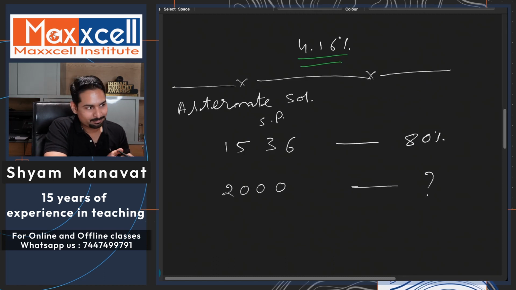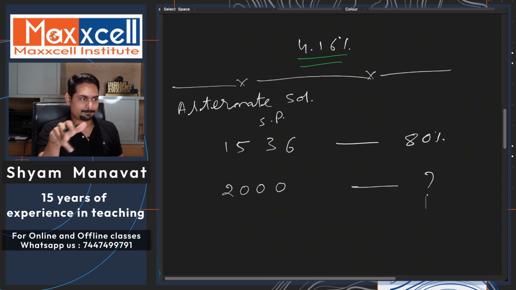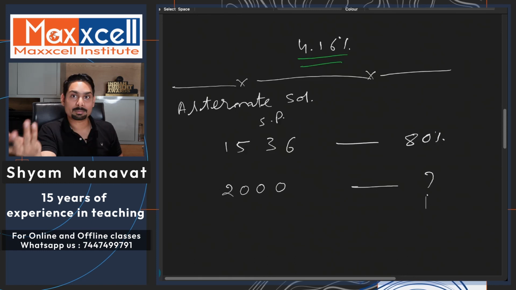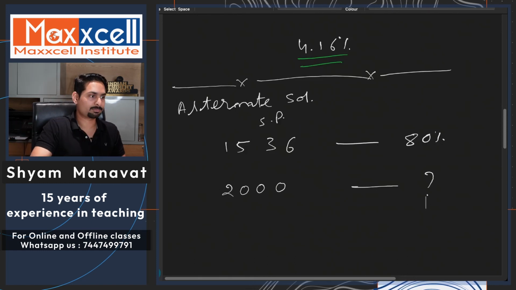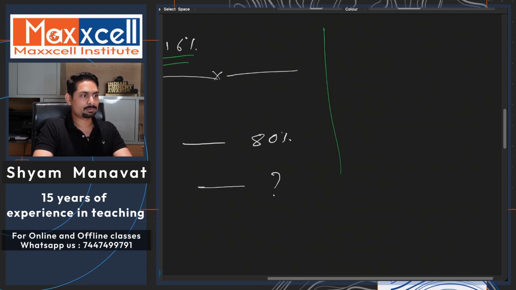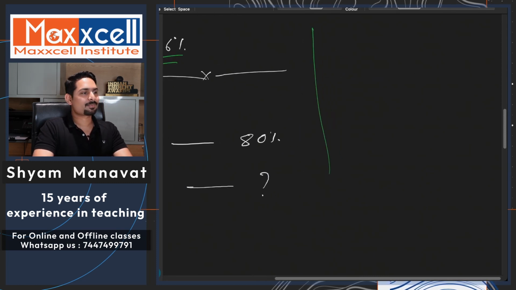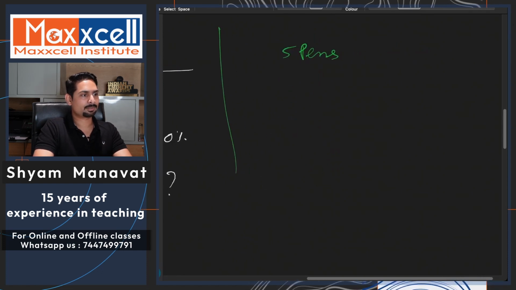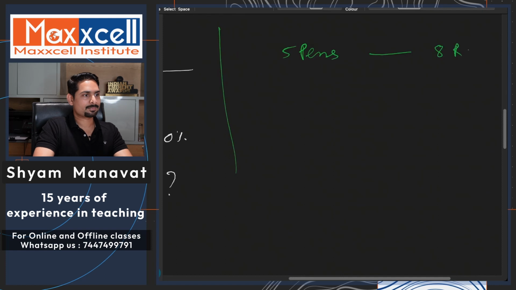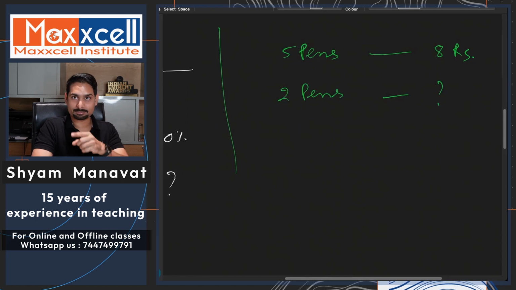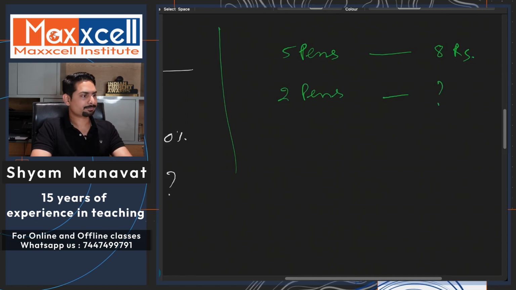If 1536 is 80%, then 2000 is what percent? Let me remind you of your school time: if 5 pens cost you 8 rupees, then how much will 2 pens cost? How do you solve this? Cross multiply, right? Same here.